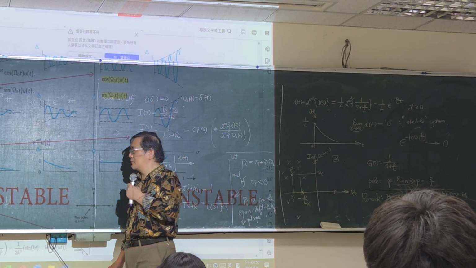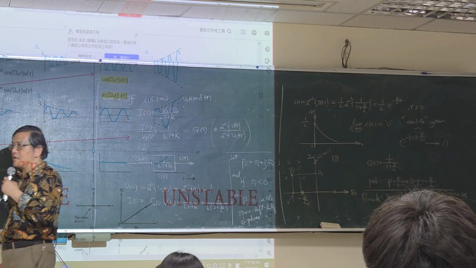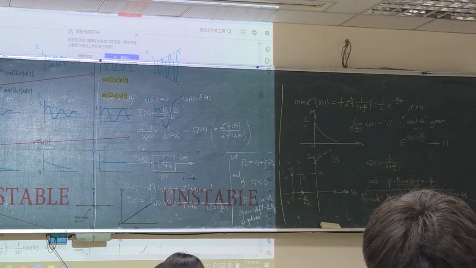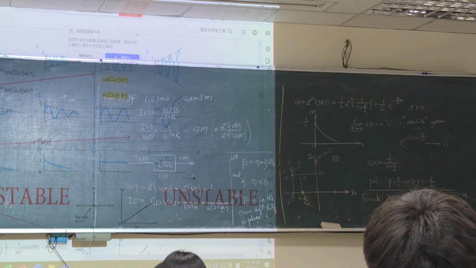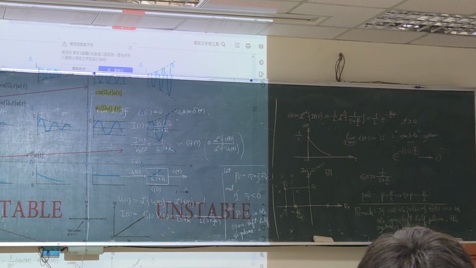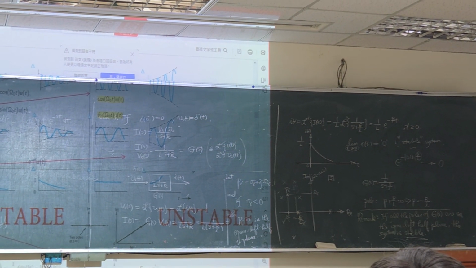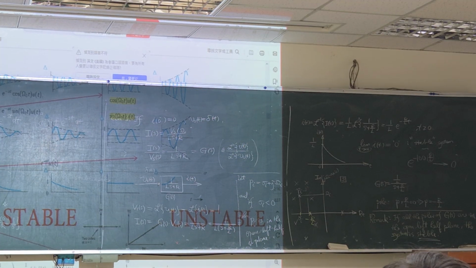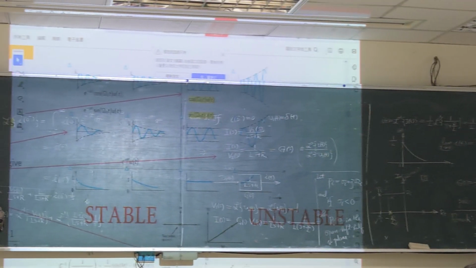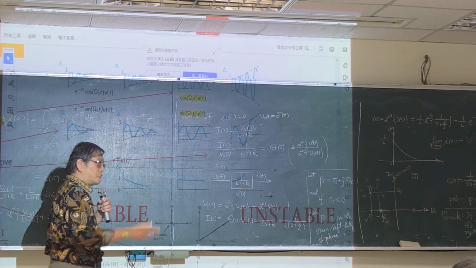Then how do I categorize the system G of S? Is it stable or unstable? One of you is shaking the head. Give me your reason, please.